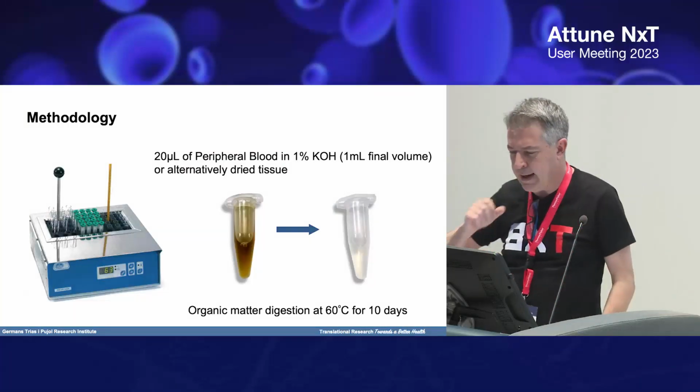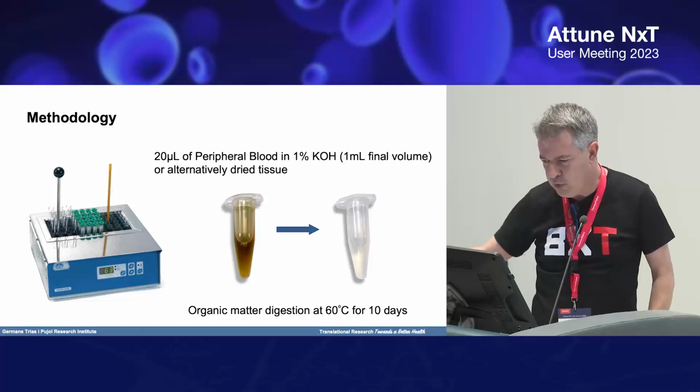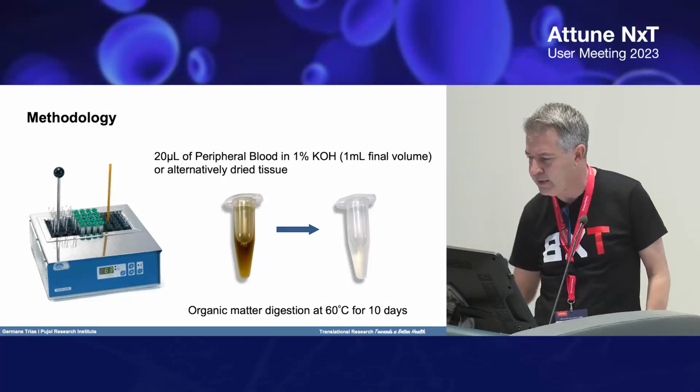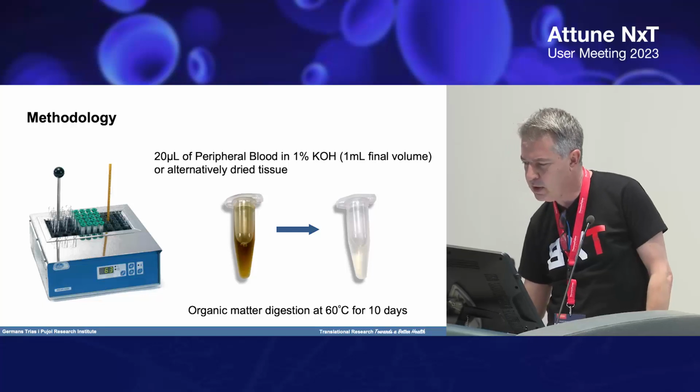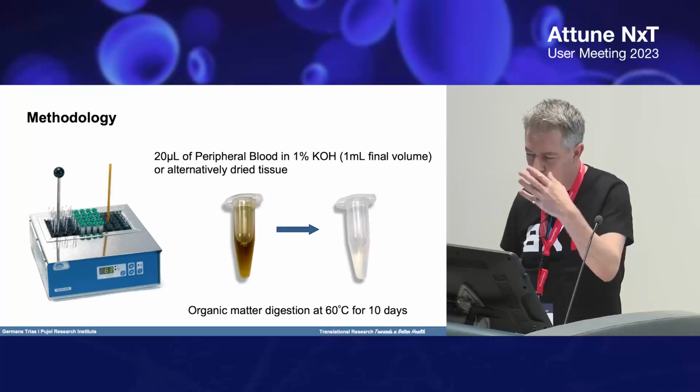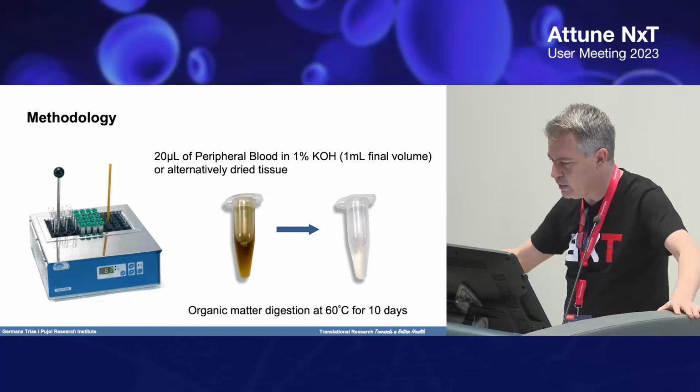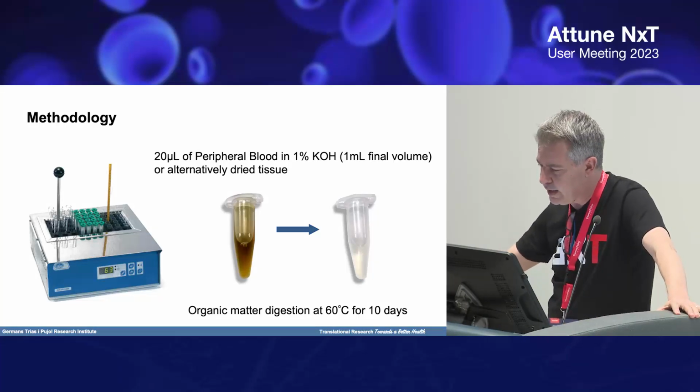Basically, we add 20 microliters of peripheral blood in potassium hydroxide 1%. This is an old and classical method that can be used to degrade all the organic matter.